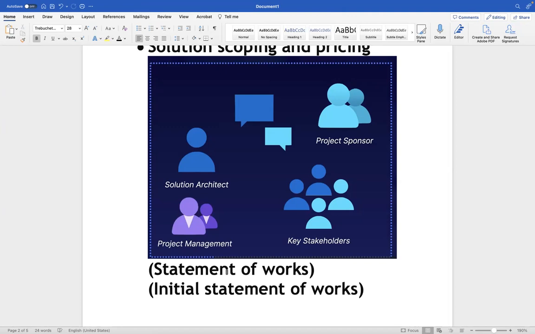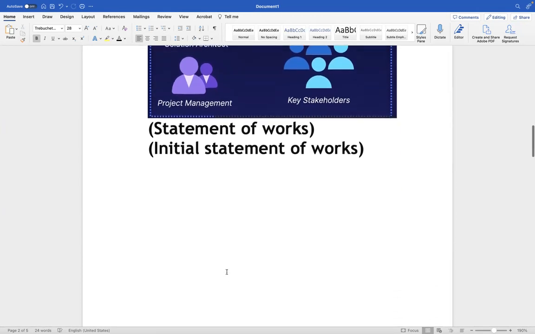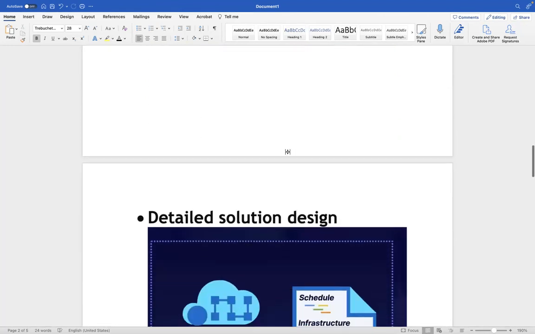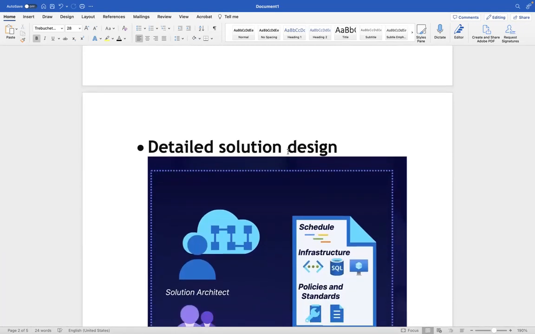As much as they want the solution to be scalable and reliable, you have to pay attention to the scoping and pricing. So if the customer is happy with that, hopefully you'll get approval and you can move on to the next phase, which is the detailed solution design.